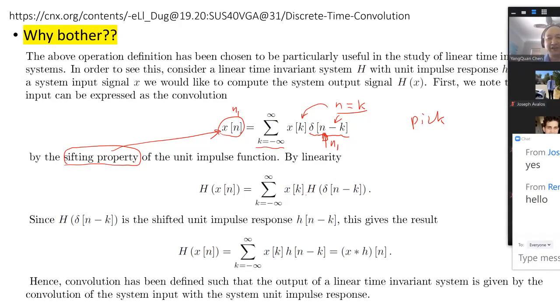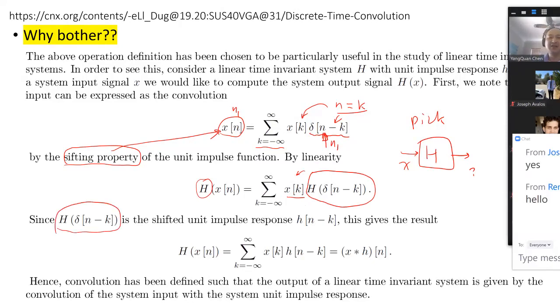Then you can use linearity. You have x[k], and an operator on it. Say you have x and you want to pass it through something called h. x[k] can be pulled out, then h can move inside and operate on the shifted unit impulse.